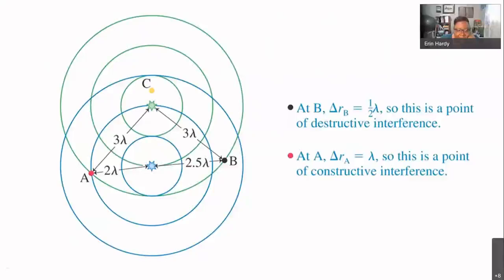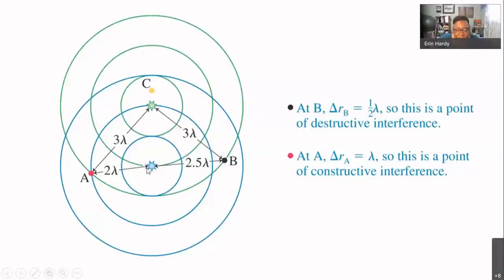And the example here that is labeled capital A is two peaks. But remember, if you can find two midpoints or two troughs, that's also constructive interference. B, on the opposite side, catches the peak of the green signal, but the trough of the blue. So you have destructive interference.